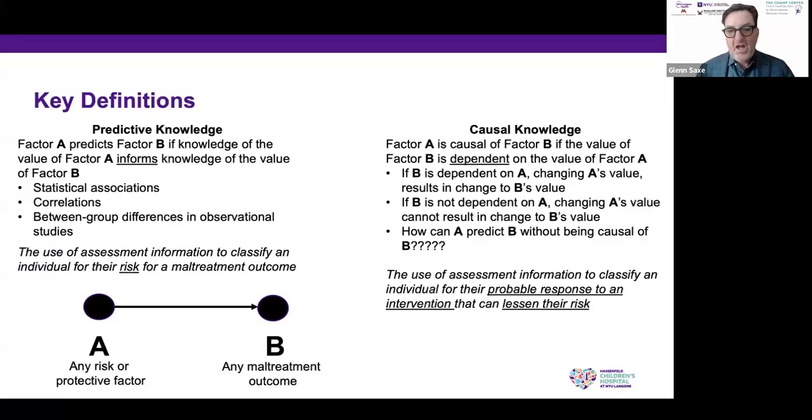However, if B is not dependent on A, I could intervene all I want and B will never change. And so there are many ways that A can predict B without being causal of it. And that's an essential thing to understand for this training series.